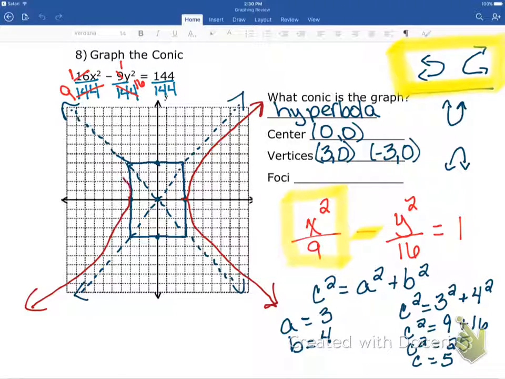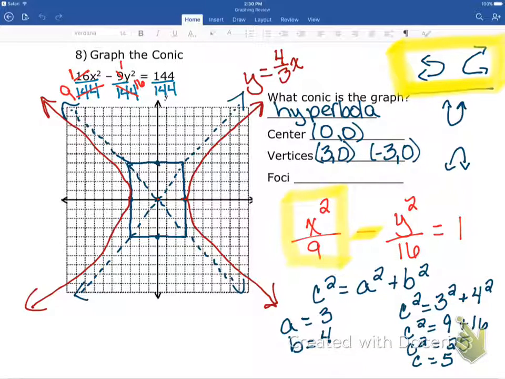Now we have not identified our foci yet. And the question doesn't ask for the lines of our asymptotes, but I just want to remind you what that is. The asymptotes are y equals b over a x. Our b is 4 and our a is 3, so that's going to be 4 over 3 x. This is plus 0 because our center starts at 0. So it's y equals 4 over 3 x.